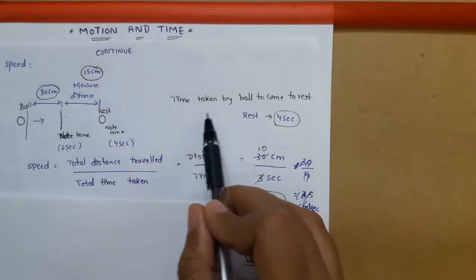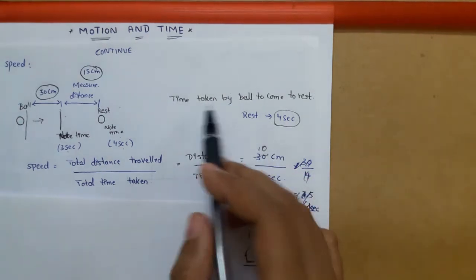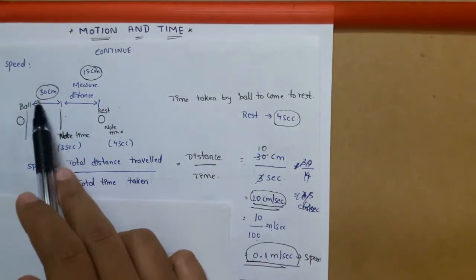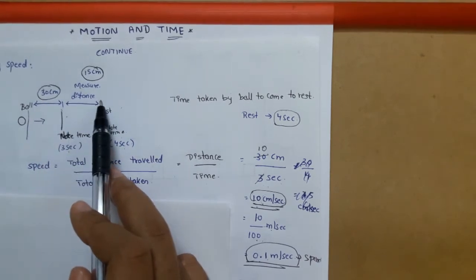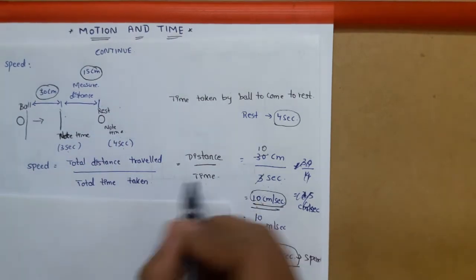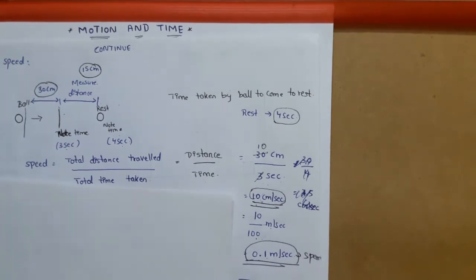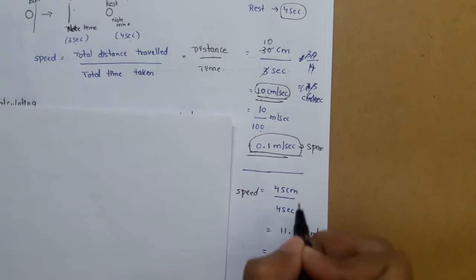Similarly, what is the speed for the time taken by the ball to come to rest? The time taken is 4 seconds. The total distance covered is 30 plus 15, that is 45 centimeter. We know that speed is equal to distance upon time.